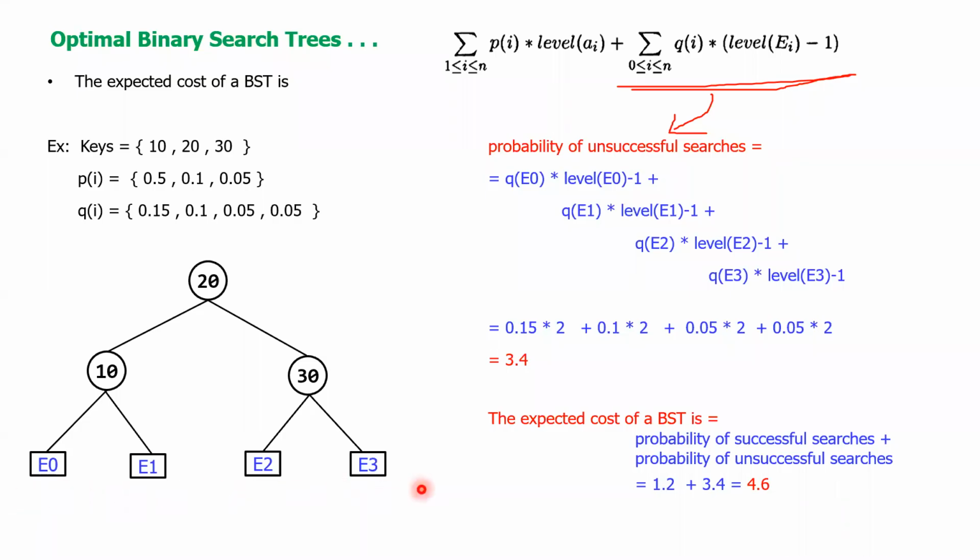These are the leaf nodes that represent unsuccessful searches. Now for E0, for this set of keys, its probability into its level minus 1. Probability of E0 into level of E0 minus 1. So what is the probability of E0? 0.15.